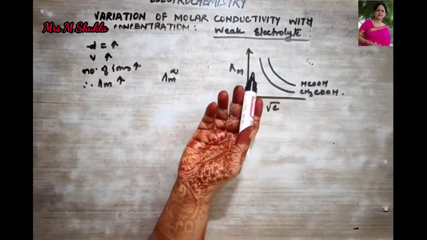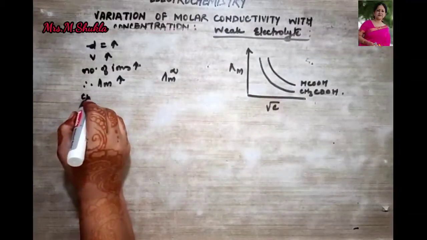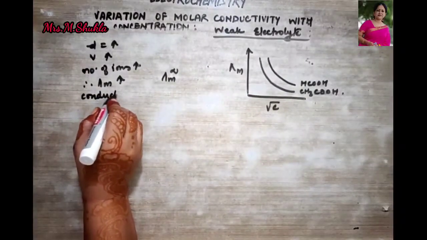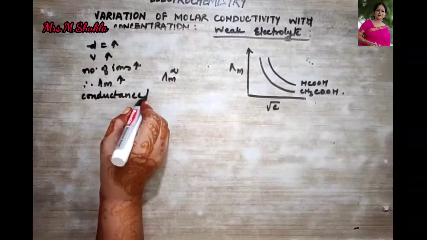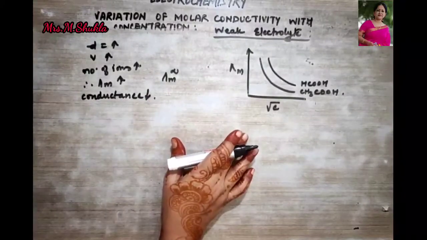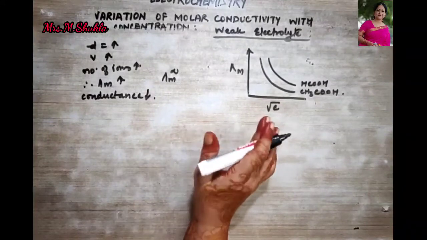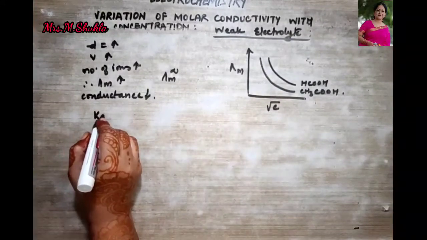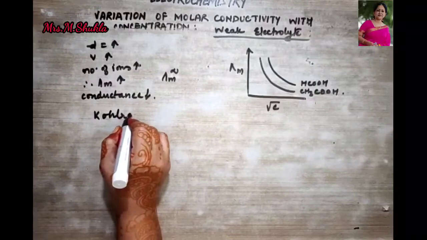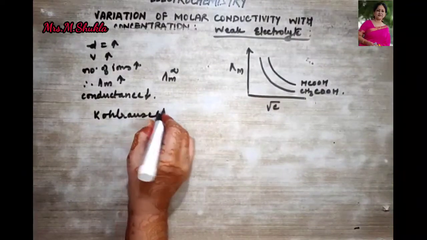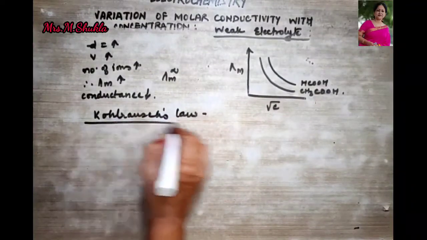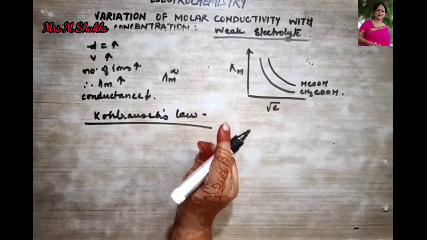So what can we say about the conductance? The conductance decreases. Is this point clear? So to solve this, a method called Kohlrausch's law is introduced, right?